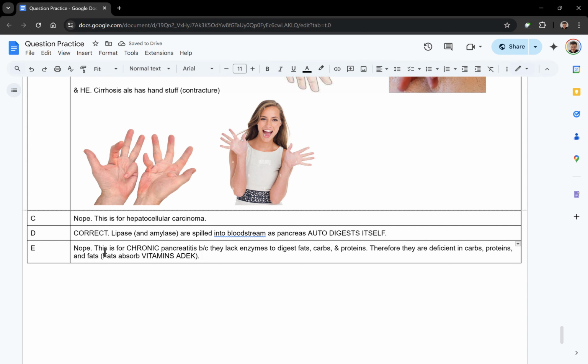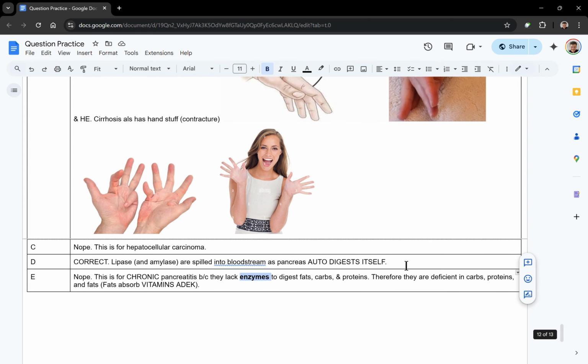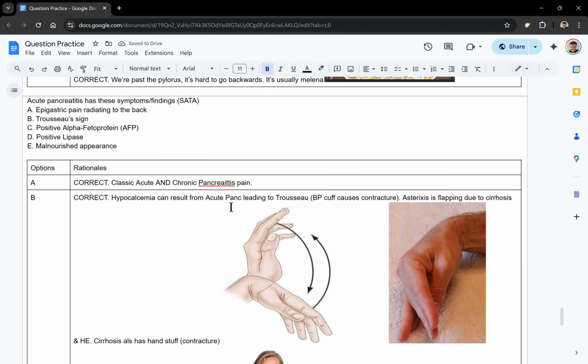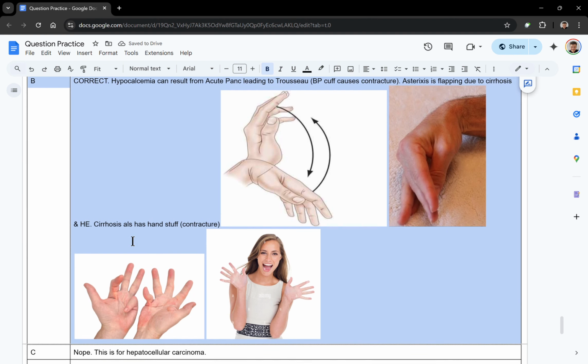They could get vitamins supplemented, or you can start at the source and give the enzymes themselves. What kind of therapy is that called? PERT, pancreatic enzyme replacement therapy, for chronic pancreatitis. It has to be before meals, otherwise you're not going to digest it.